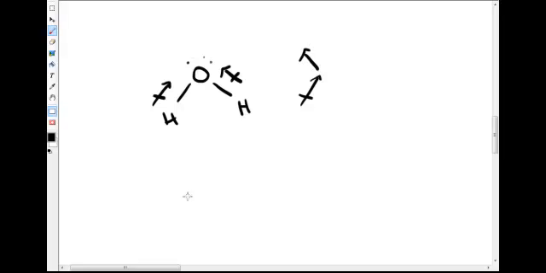Okay, so say we have something like water. We'll do water. We have an O there, and we have our two H's. Now the oxygen is more electronegative, which means that there's going to be a net dipole moment here. You can tell that there is a net dipole when you stack these arrows on top of one another, and they continue and don't cancel each other out.